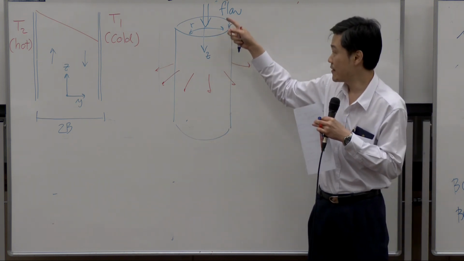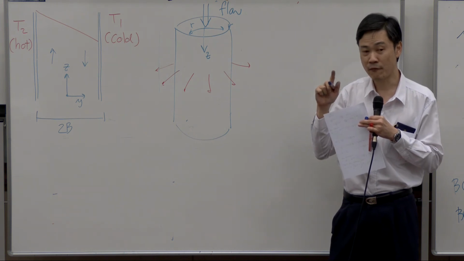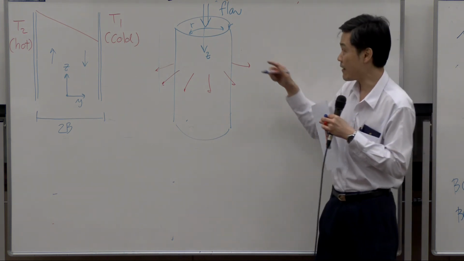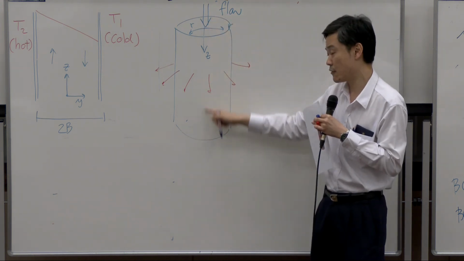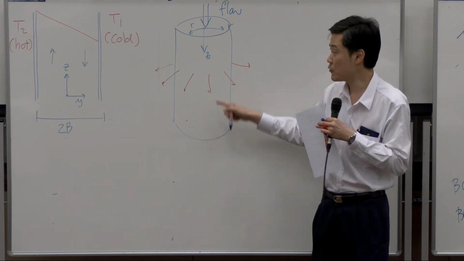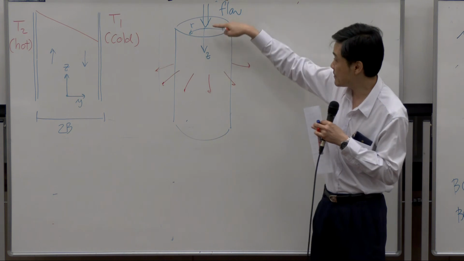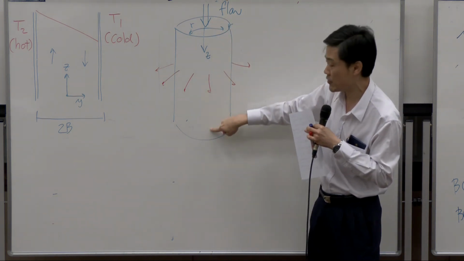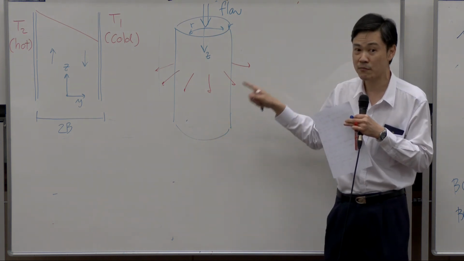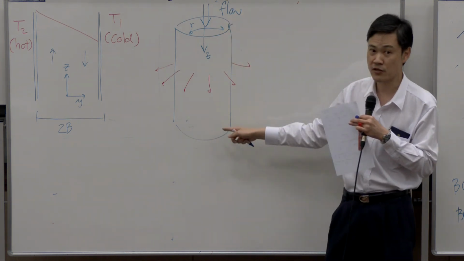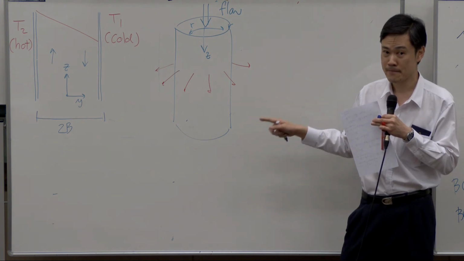Because first, in order to determine whether we have convective transport or not, you have to look into the direction, let's say the z direction here, whether you have differences in temperature or not. In this case, temperature up here and down here are not the same, and there's a flow in this direction. So there must be convective transport in the z direction.